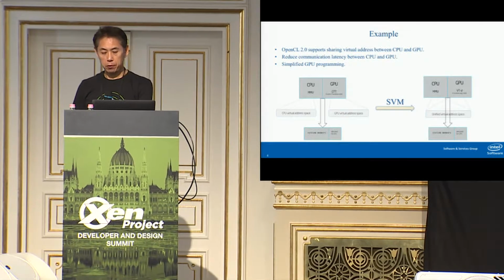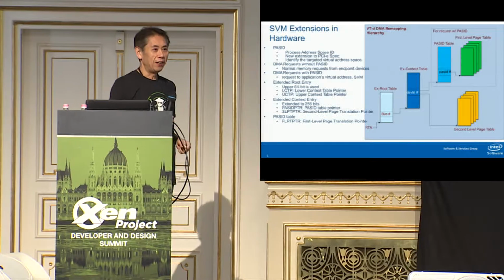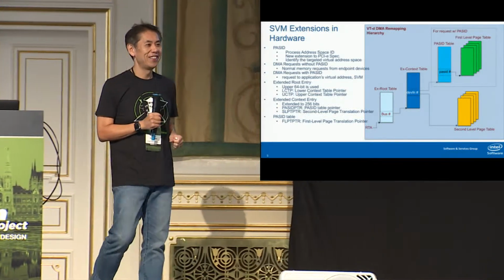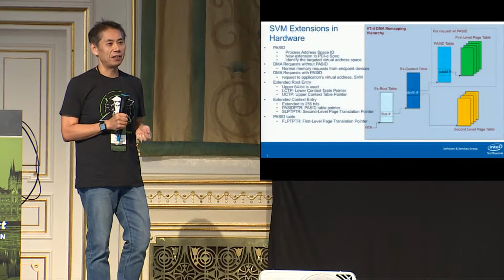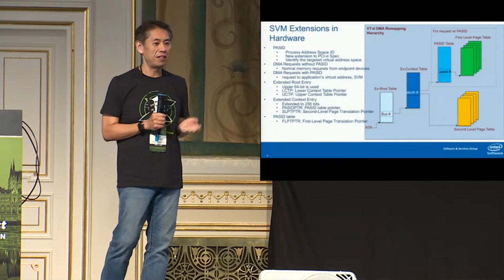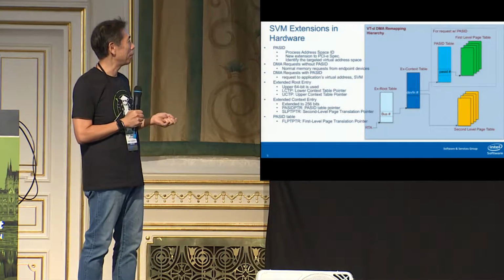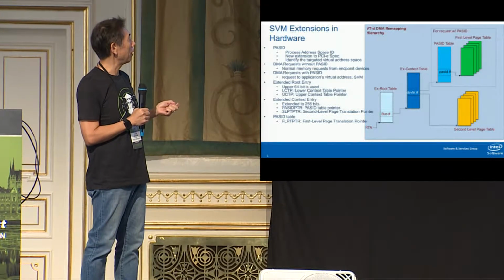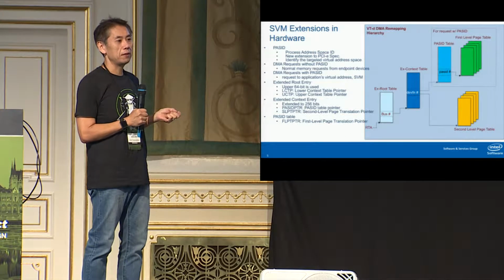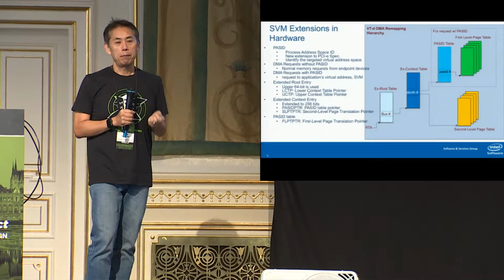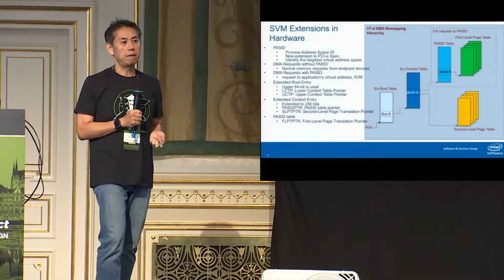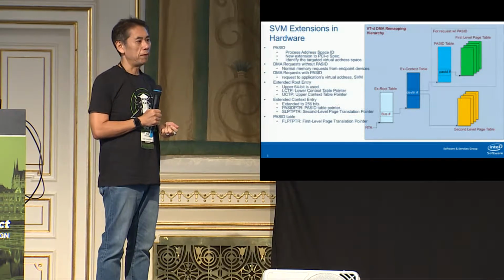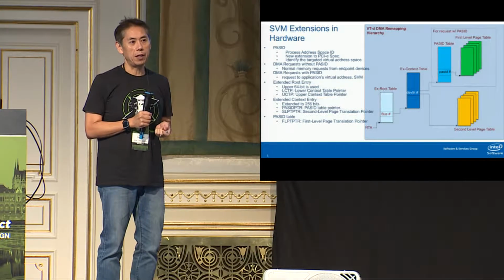This is a picture, and it's a little bit busy, but not as complex as it looks. Today, if we assign a device, PCI devices are identified by the BDF, the bus, device, function ID.